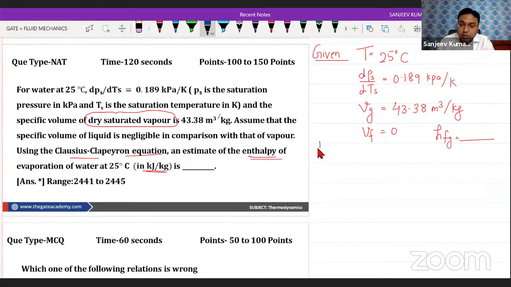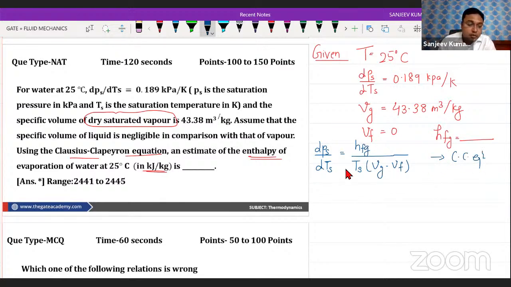So we have the Clausius-Clapeyron equation as dPs by dTs equal to hfg by Ts, the saturation temperature, into Vg minus Vf. This is a direct formula and this is known as the Clausius-Clapeyron equation. So for hfg, you only have to substitute the values.